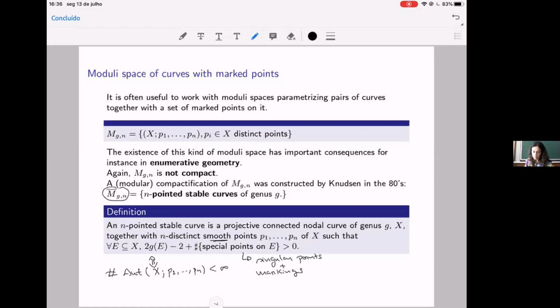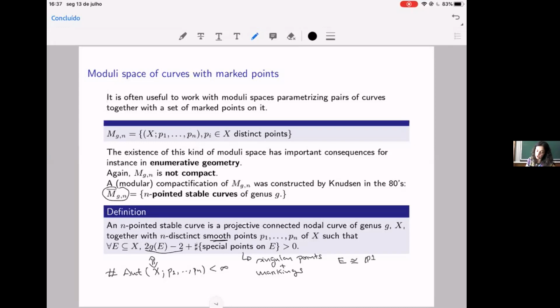All right, so you see that, also in the situation where you don't have markings, if you have a subcurve of genus at least 2, then this inequality will tell you nothing, right? It will be already positive. So you have no requirement. The requirement here is if you have P isomorphic to P1.